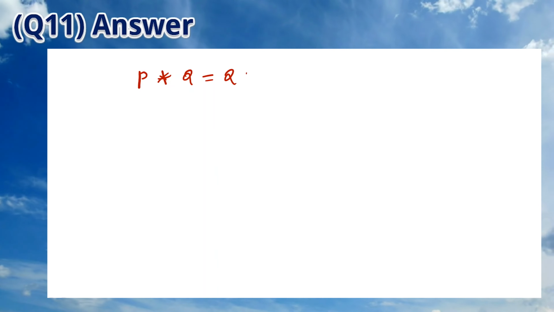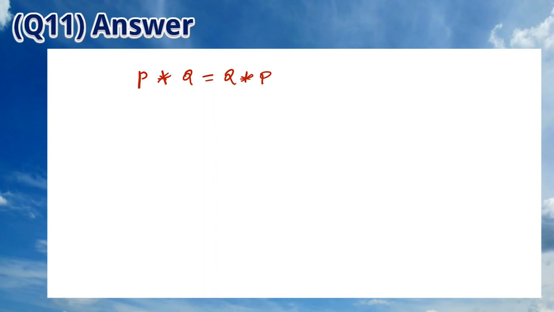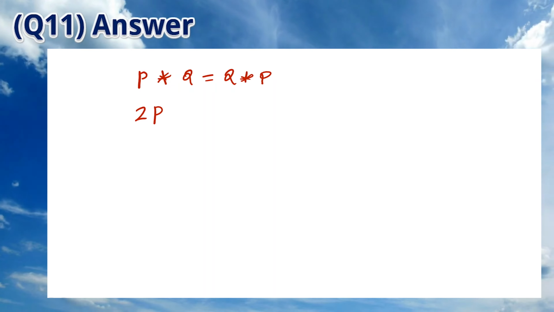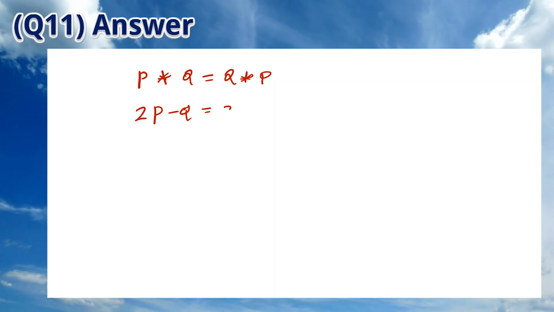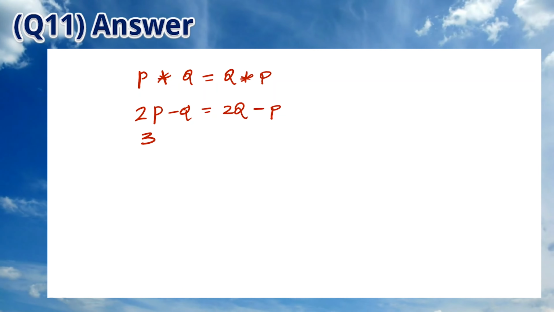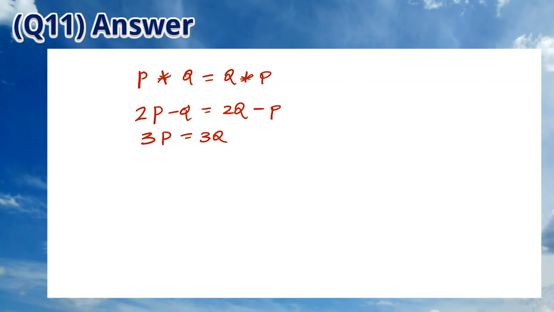Imagine that the special symbol is an asterisk. Suppose that P asterisk Q is equal to Q asterisk P. Then 2P minus Q is equal to 2Q minus P. This means that 3P is equal to 3Q.